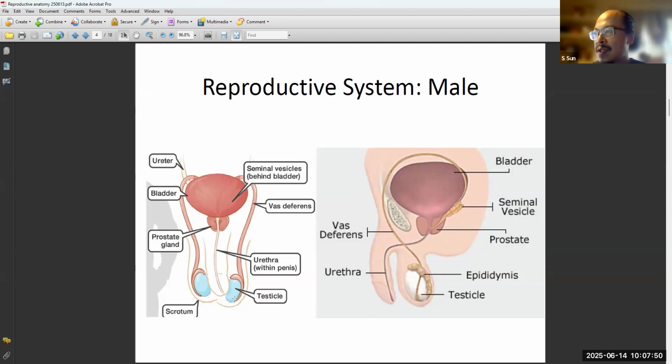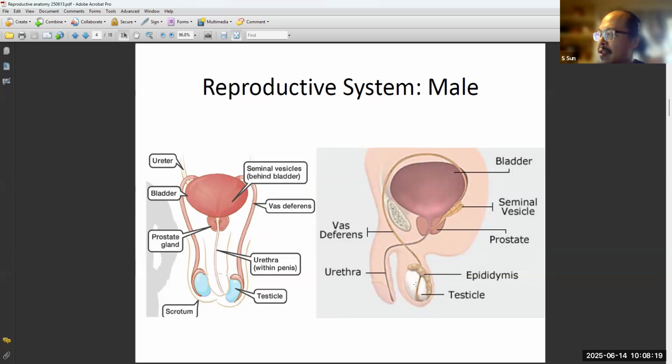Humans have two testes or testicles. Same thing, the female has two ovaries. They are not in the pelvic cavity, they are living outside of it. Inside of this sac, called the scrotum, and then it connects with the body.